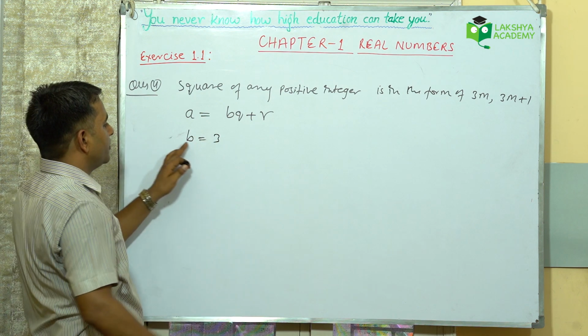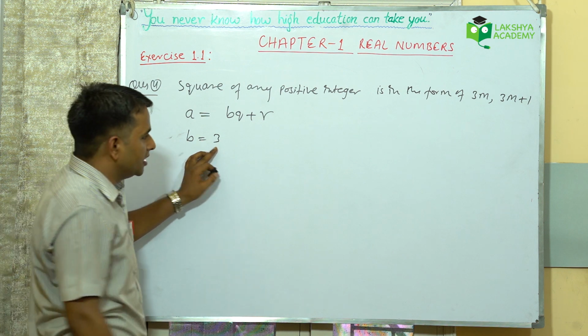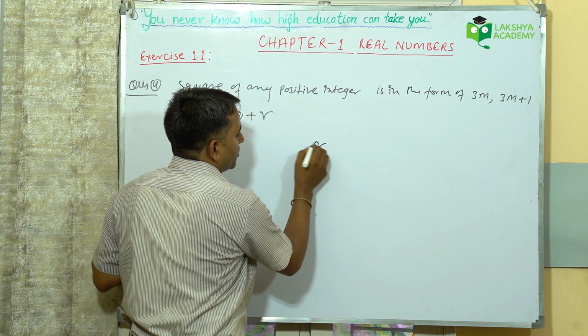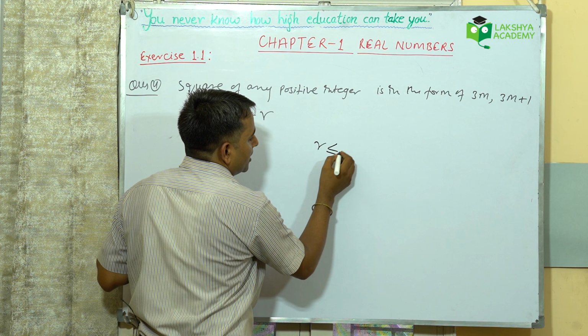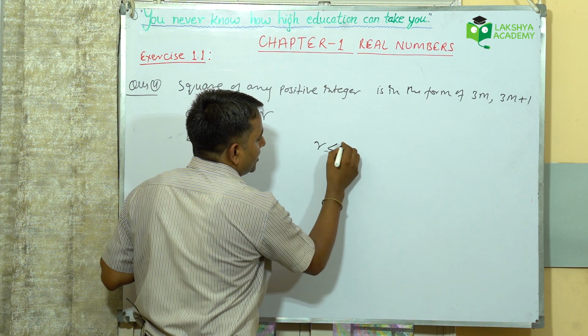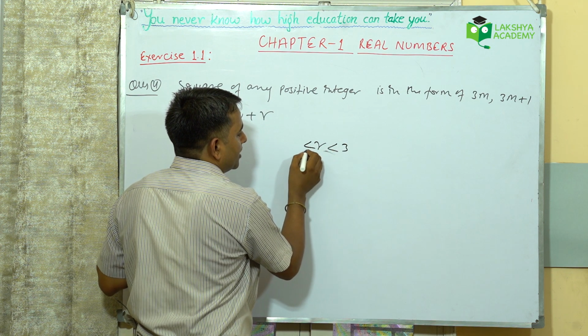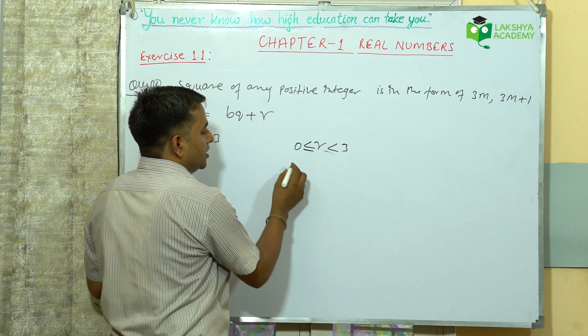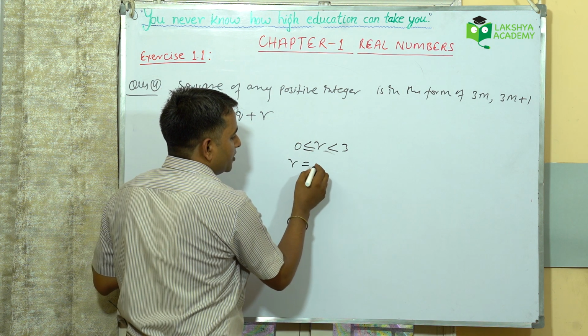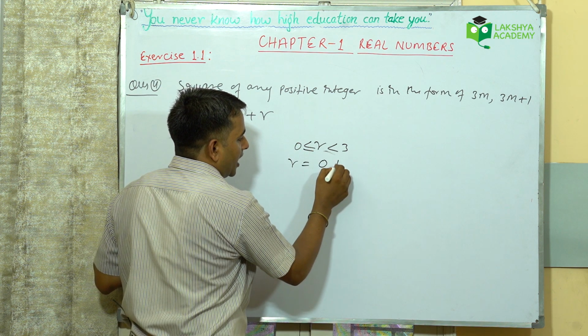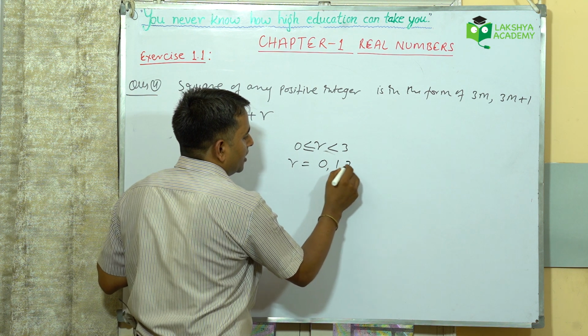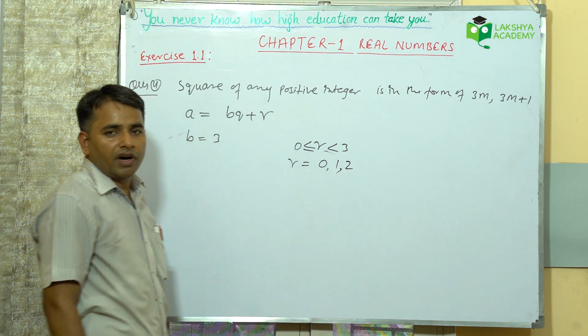So when we have divisor as 3, the possible remainders would be, the value of r will be less than the divisor, less than 3, but greater than or equal to 0. So possible values of r will be 0, 1 and 2.